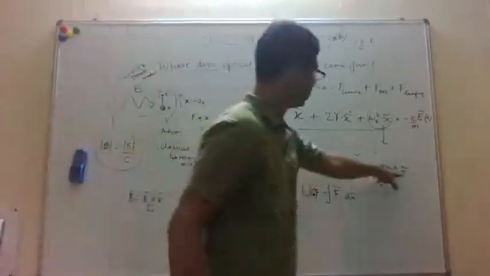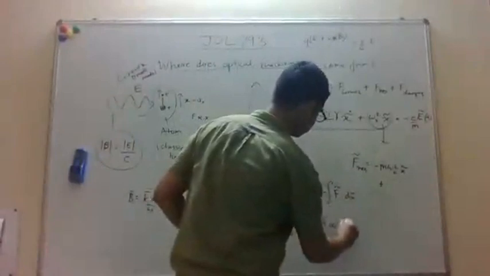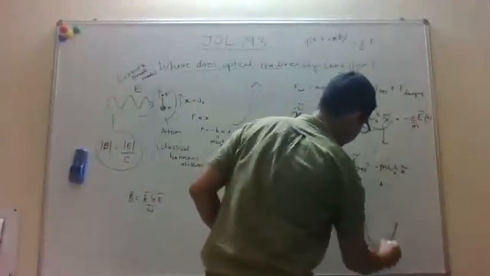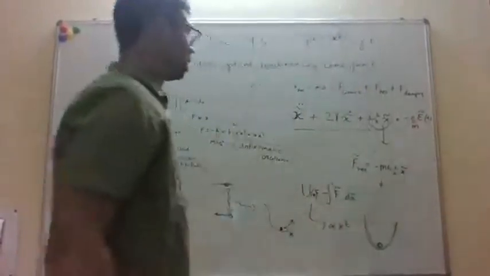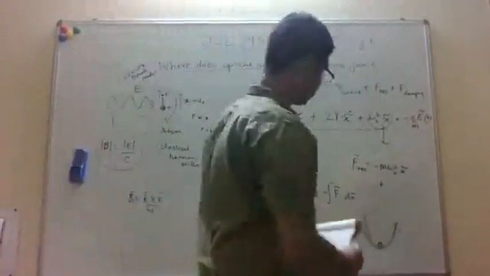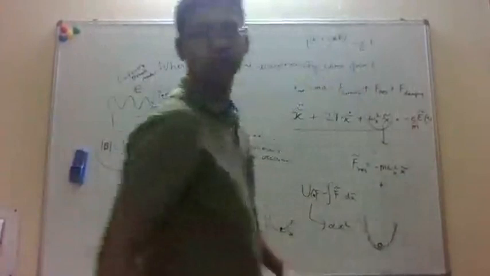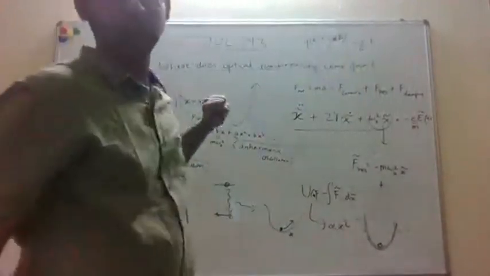So you can see for a linear restoring force, U of x is proportional to x squared, which means it's sitting in a perfect harmonic well, a quadratic potential. But if you have other higher order terms, this shape will start getting distorted. Okay, which is what is related to this distortion of the electronic cloud.